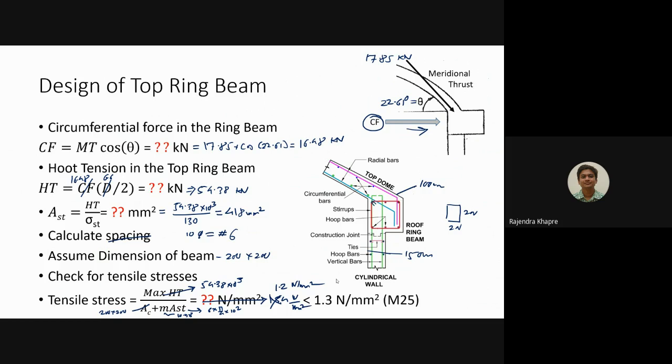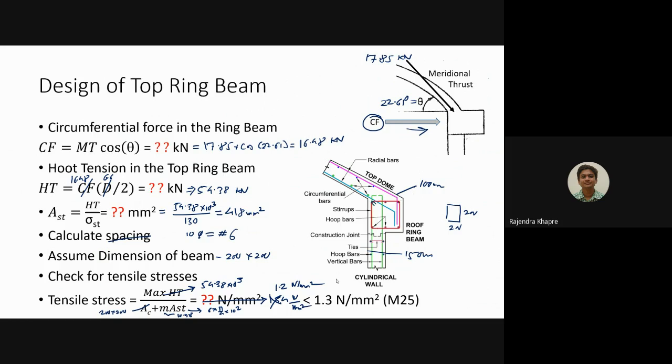One, you keep the reinforcement the same but increase the size of the beam, or you can increase the diameter, or the number of bars, or you can do both. There is very little margin if it is 1.34. So in place of 6 bars of 10 mm dia, you can go for 8 bars of 10 mm dia. That way is okay.